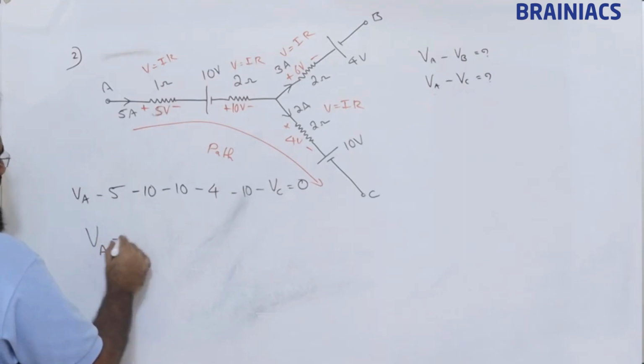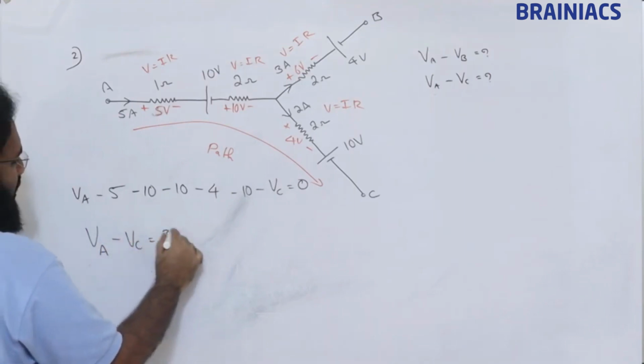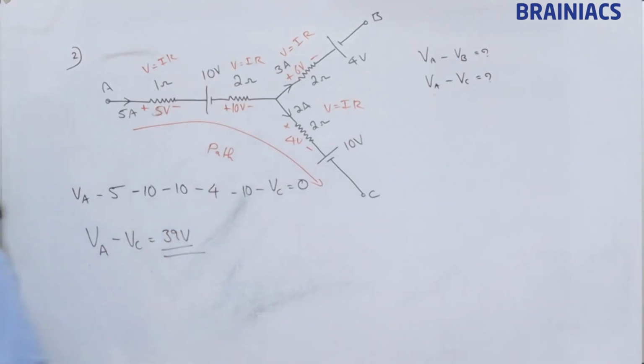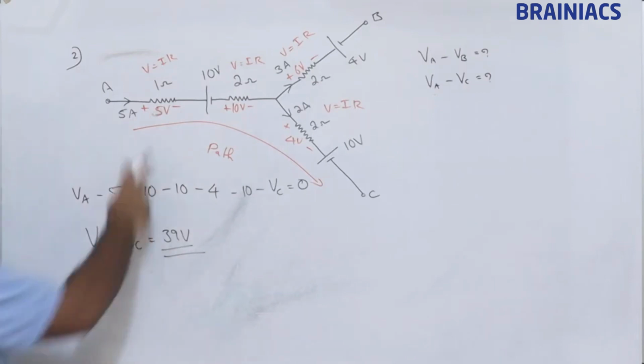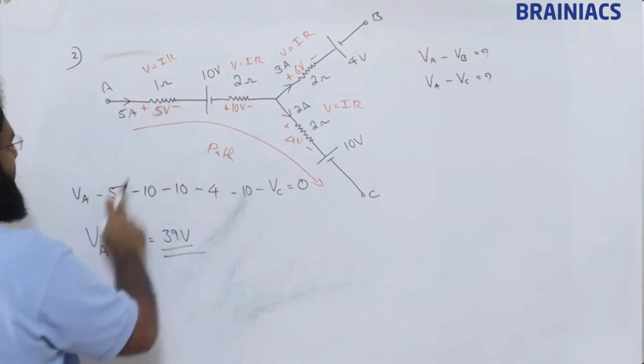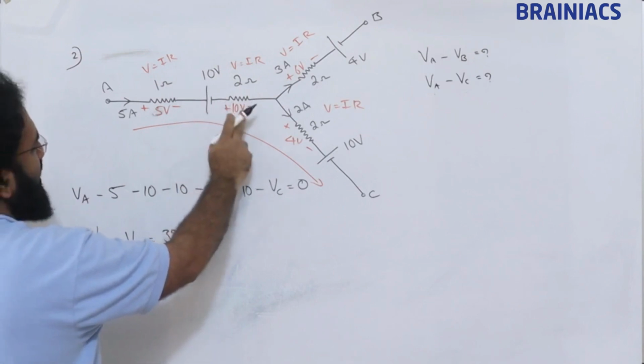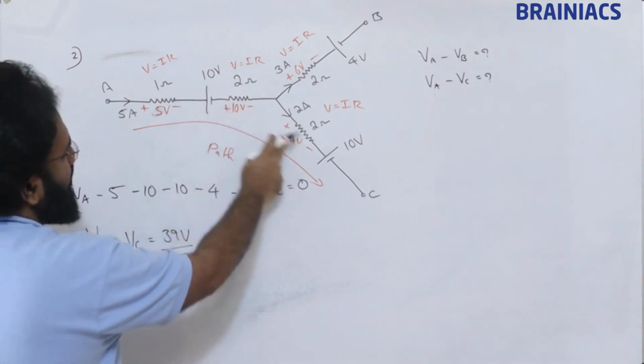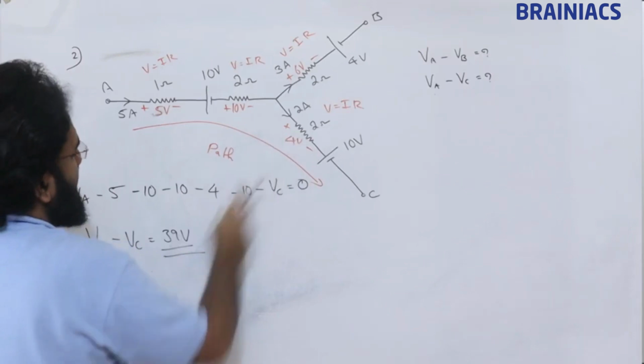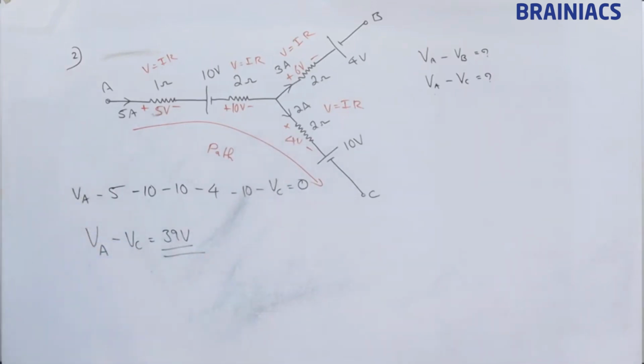So VA minus VC is equal to 39 volt. This is the potential difference between the terminals A and C. Correct or what? My plus minus, minus minus. So 39 volt.